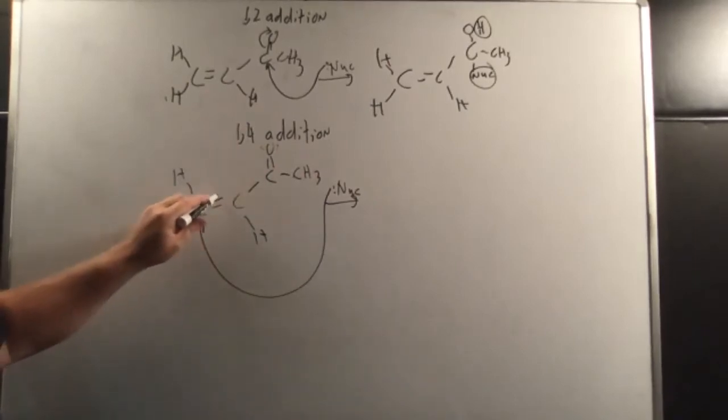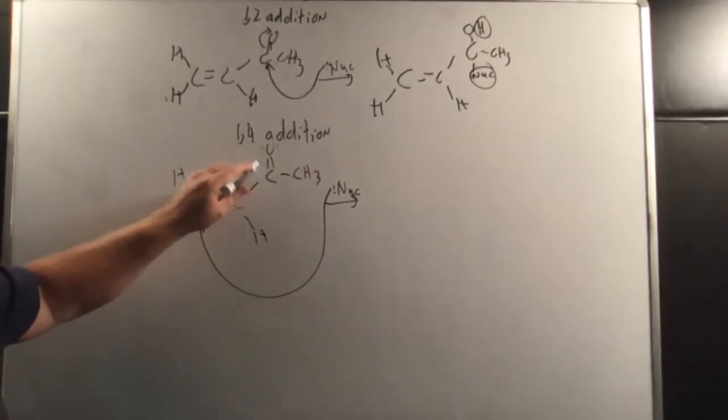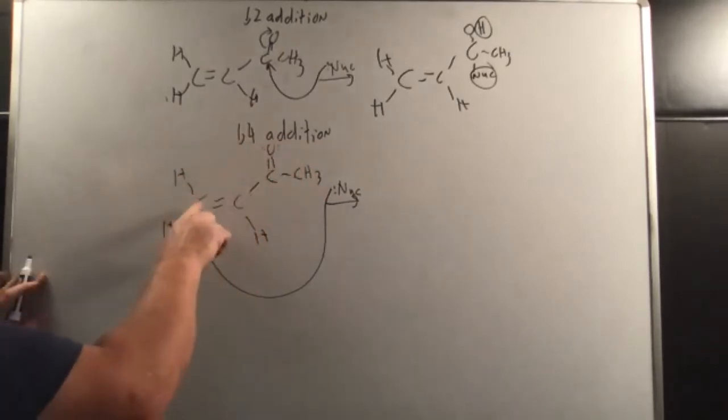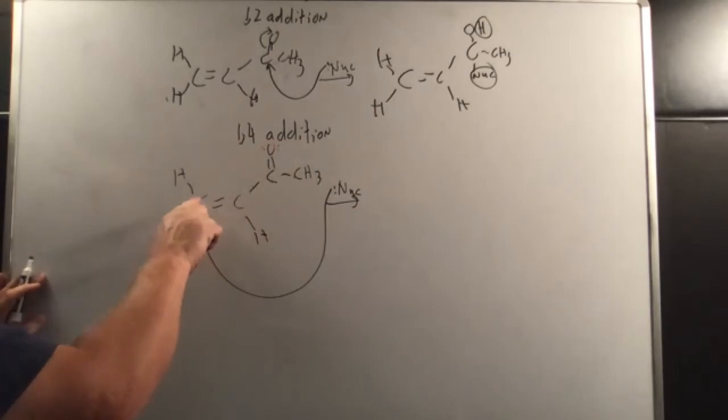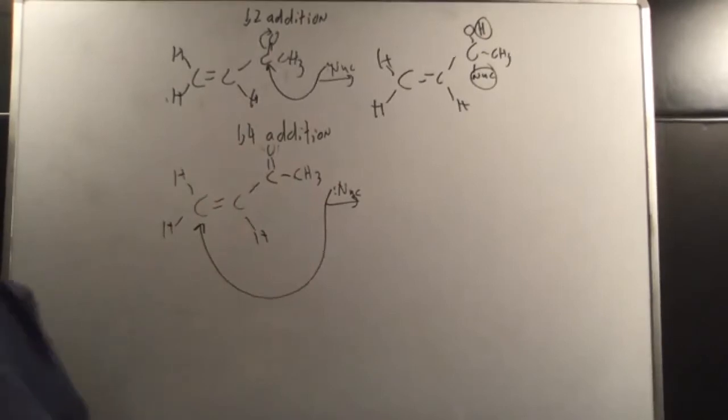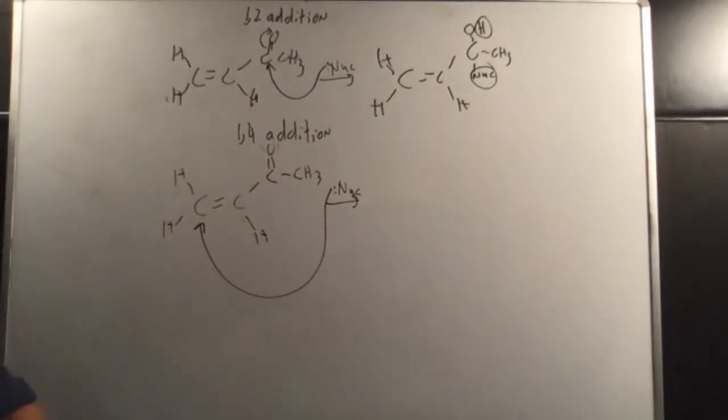I can move this pair of electrons over and this pair of electrons up, giving this oxygen negative and this carbon positive. So this carbon is partially positive because of that resonance structure. Notice again how resonance structures play a part in explaining how this reaction takes place.